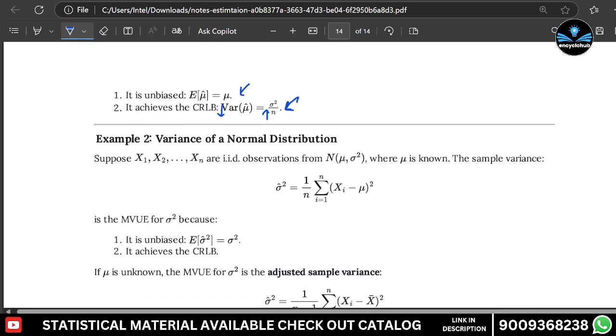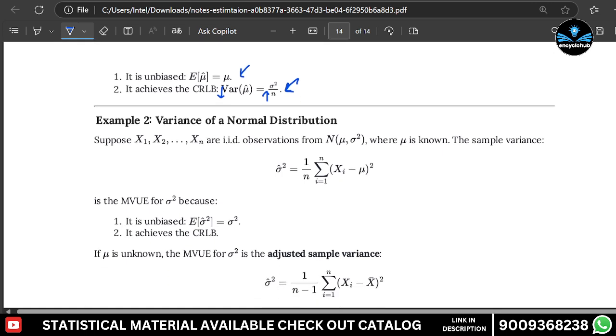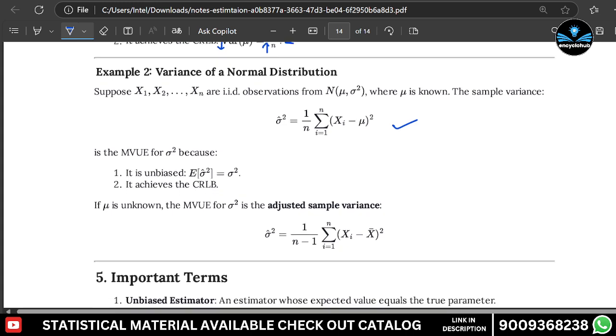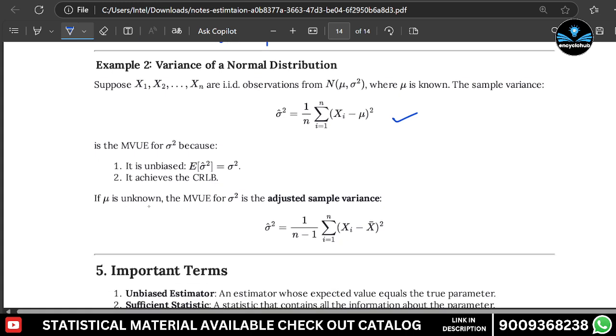And the second example is the variance of the normal distribution. The MVUE for sigma square is the adjusted sample variance.